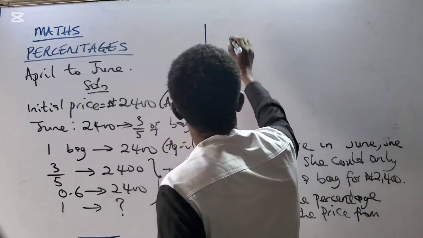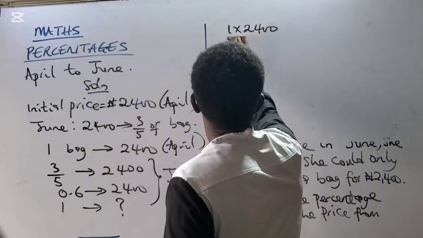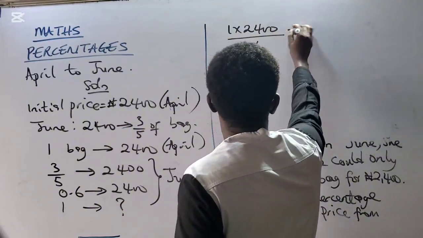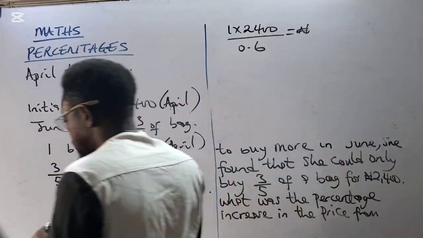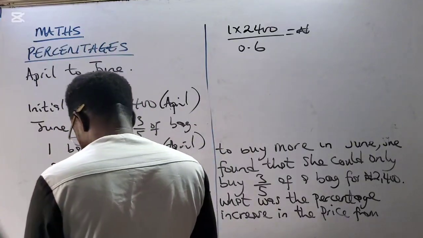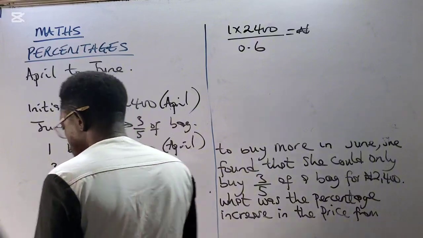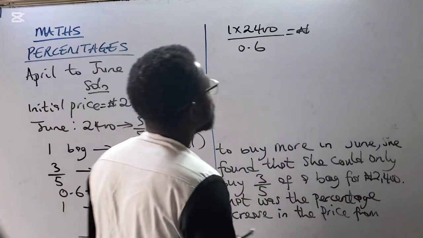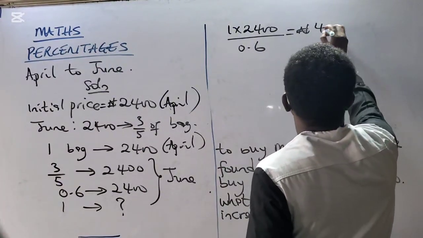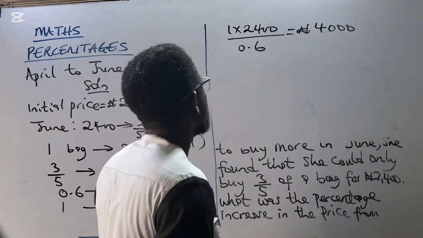So I'll get 1 times 2,400 divided by 0.6. That will give us 4,000. That is the price in the month of June.